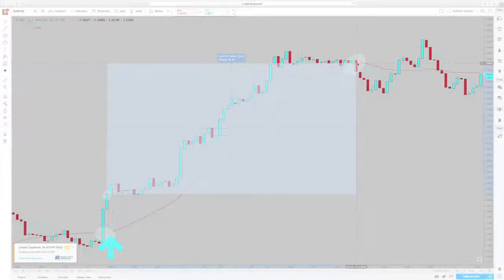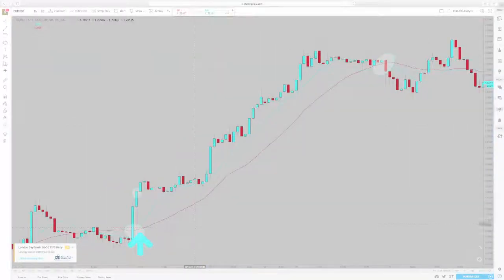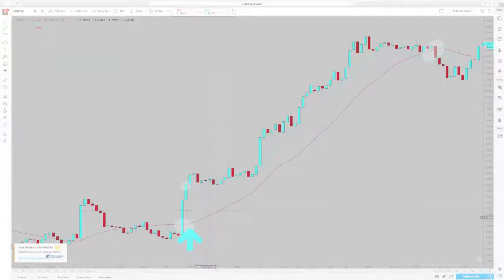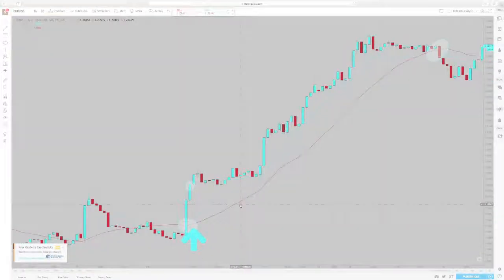This trade itself gave us 231 pips. That's a nice trade, and that's based off the moving average indicator itself. This is just a strategy. We have the 10 MA crossing over the 25 MA, letting us know that the upward trend is happening right now.